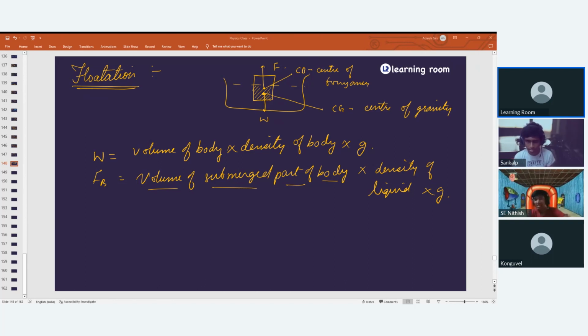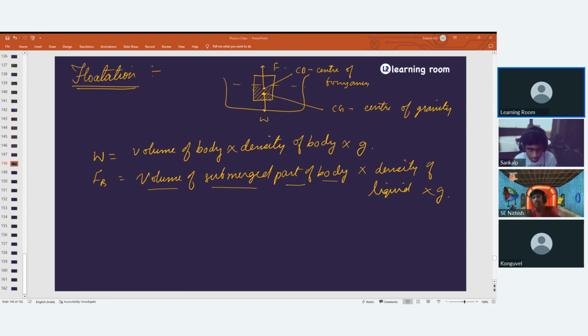Right. And the second part, F_B is equal to the volume of the submerged part. F_B is the force acting upwards, right, sir? Right. So why are we multiplying volume of body and density of liquid? These two are different materials.